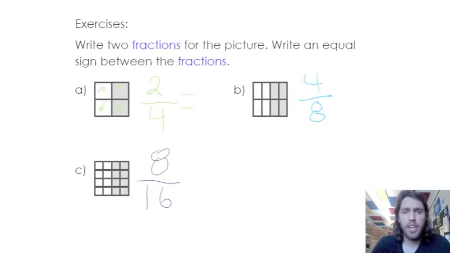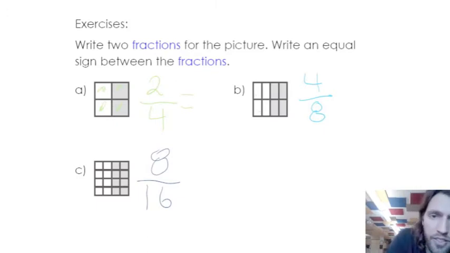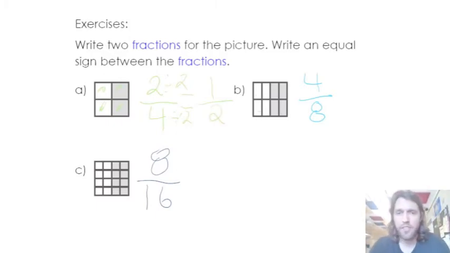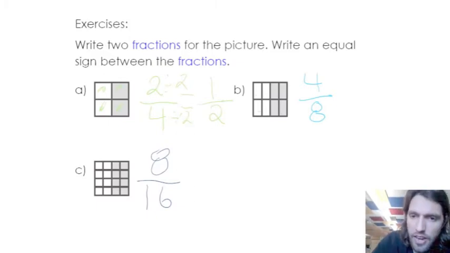So these fractions, can both of them be divided by 2 to create something? Let's see. If we divided this by 2 and divided this by 2, what would it equal? 2 divided by 2 is 1, and 4 divided by 2 is 2. That equals 1/2 right there. Interesting, right? So let's go on to the next one.